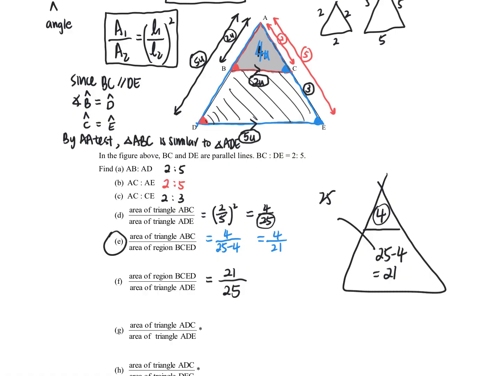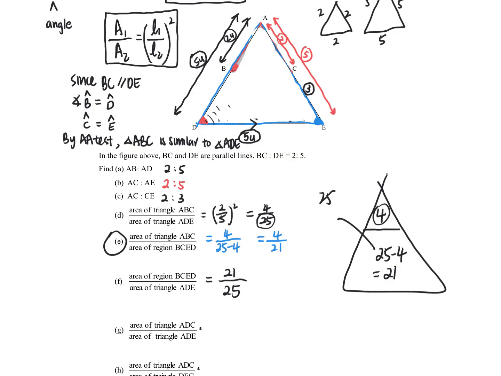Okay, next one is ADC and ADE. I want you to look at it a bit differently now. Let's draw the triangle out, because sometimes they are not so clear.